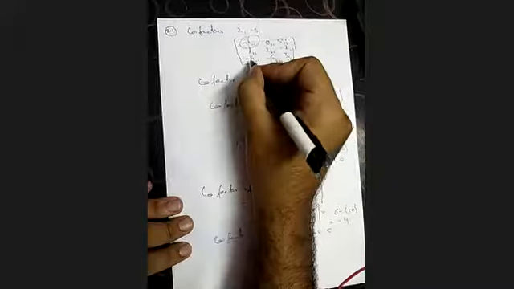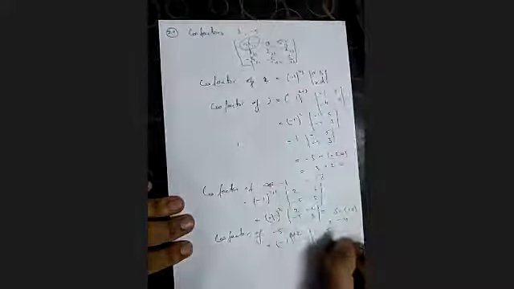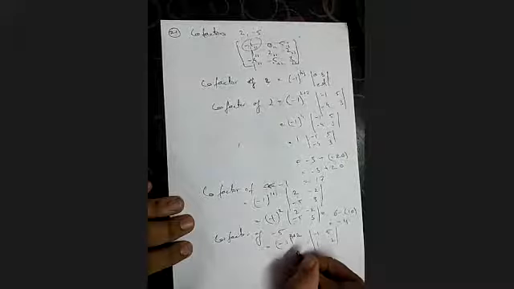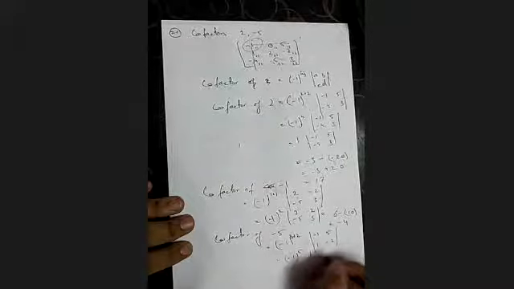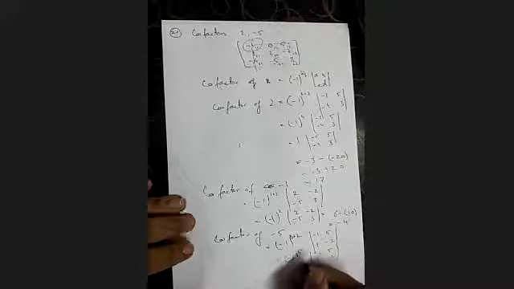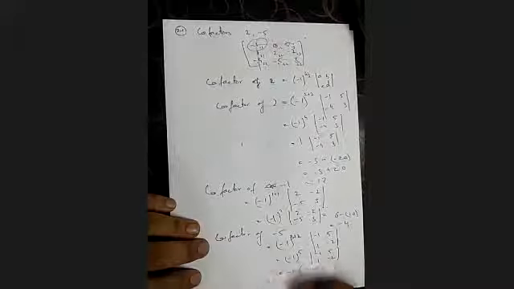What is left? Minus 1, 5, 1, minus 2. So 3 plus 2 is 5, so minus 1 power 5 is minus 1. Now find the value of this minor.